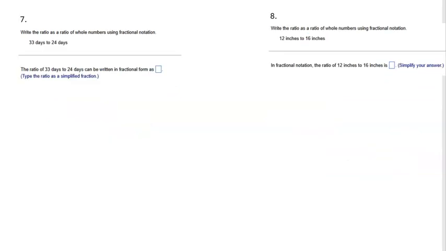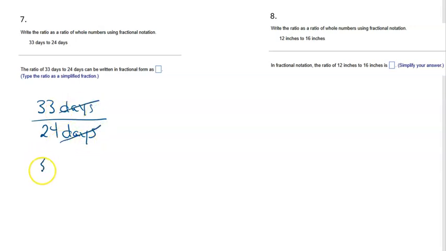All right, here we go. Problem 7. Write the ratio as a ratio of whole numbers using fractional notation. So here we go again. We have units again. So 33 days over 24 days. Again, always remember that the first value listed is your numerator. The second value listed is your denominator. And then when you have common units, then they cancel out.